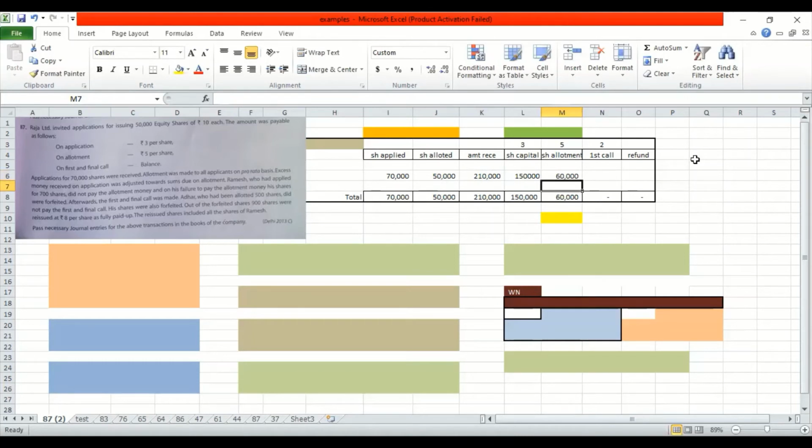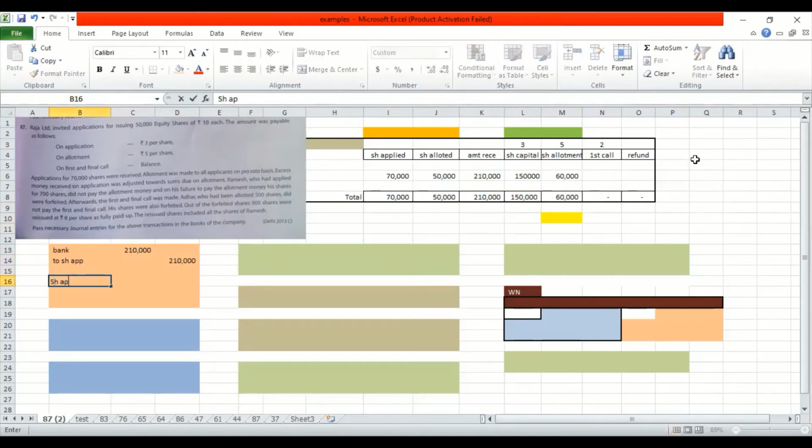This is how the table is. There's nothing else. The excess amount has been transferred. Now I will be putting the same statements over here. Bank debit 2,10,000 to share application 2,10,000.